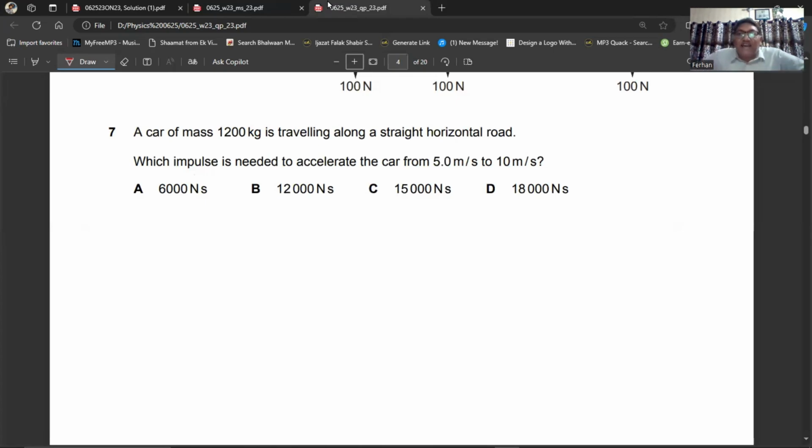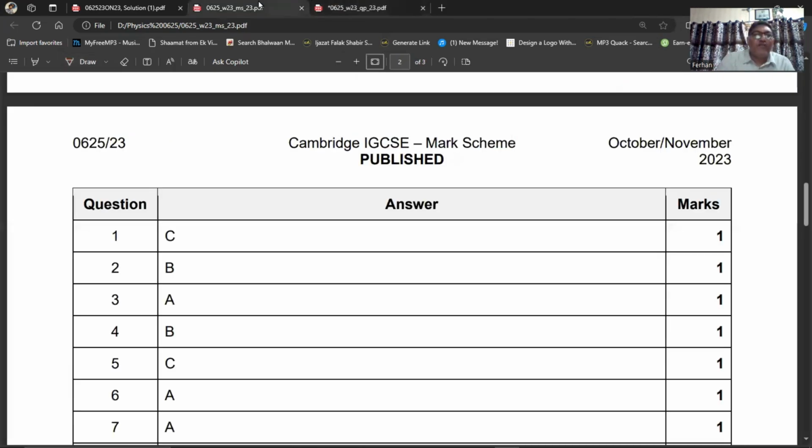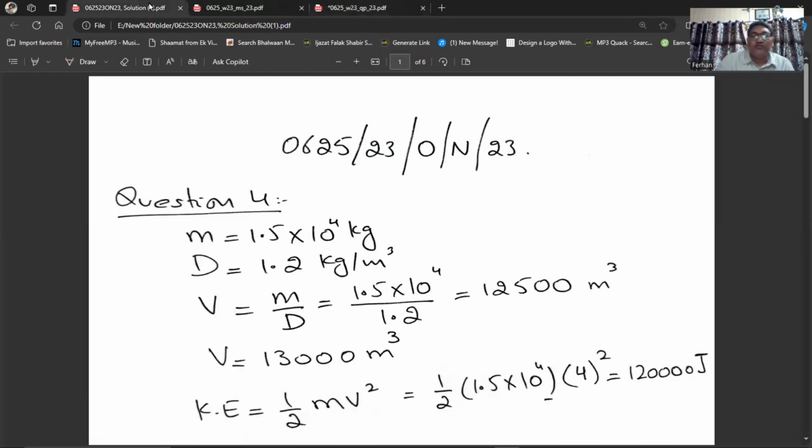One is change in momentum, and the other one is force multiplied by time. Here we know the final velocity, we know the initial velocity, we know the mass of the body. Very easily I can calculate the change in the momentum. So impulse is equal to change in the momentum. So we will calculate this. Let me show you.